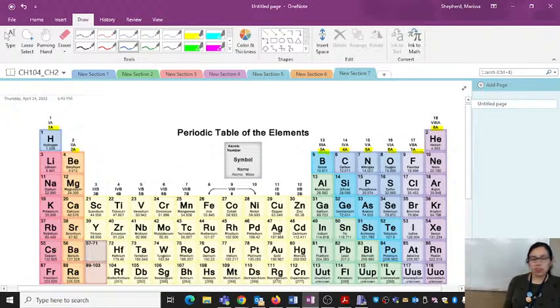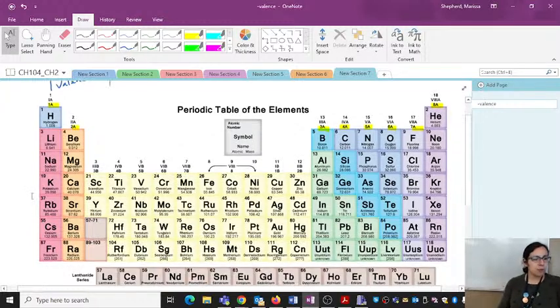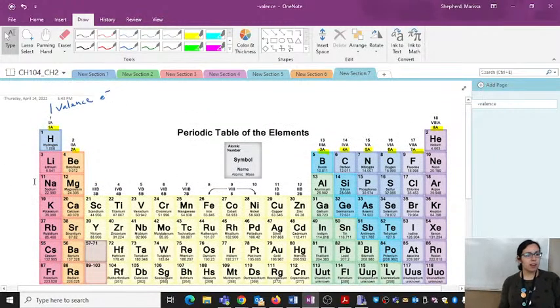And if you want to write that on your periodic table too, just go for it. So this says 1 valence electron, right? So everything in this first row has 1 valence electron. We said that from our shells. So that was 1s1, 2s1, 3s1, 4s1, 5s1.